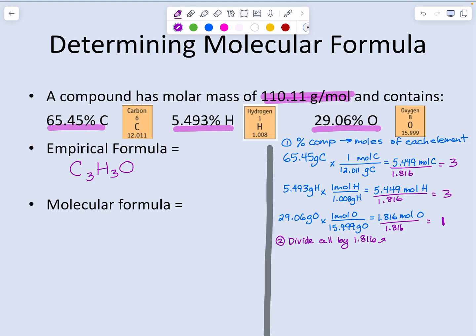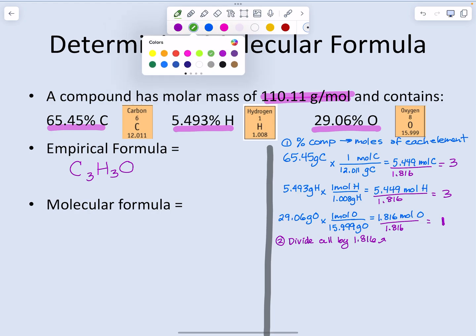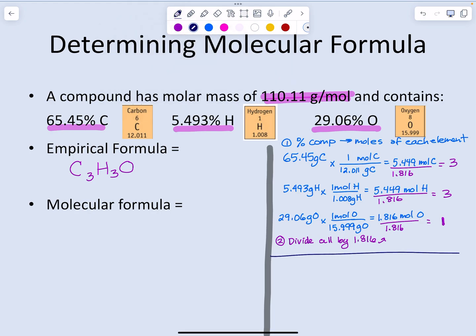All right, so the next thing that we want to do is figure out the molar mass of our empirical formula, because that's need-to-know information. Okay? So we're going to have 3 times the mass of carbon, 12.011, and I'm leaving out the grams per mole here.